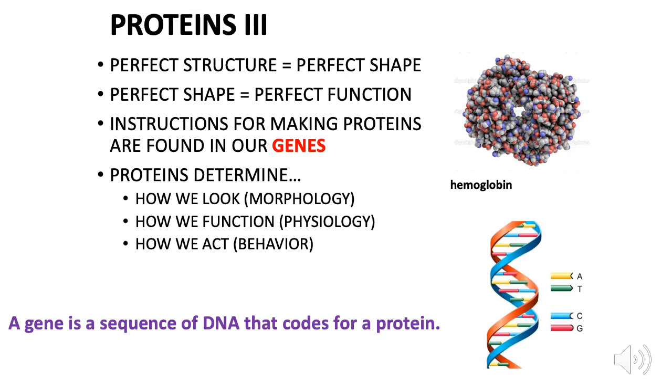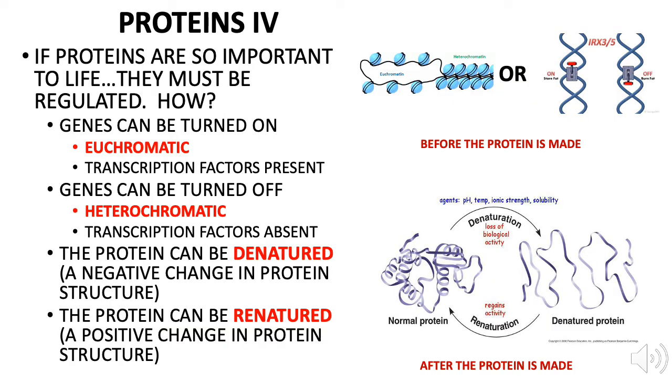So I already mentioned that the instructions for making proteins are found in our genes. You remember that a gene is a sequence of DNA that codes for a protein. I promised you once upon a time that would not be the last time we saw it, and this will not be the last time we see it either. We understand that proteins are really important to life, and if they are so important, perhaps we want to regulate them.